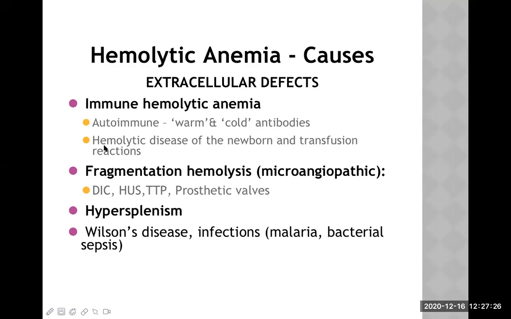These are also known as alloimmune. Now, why alloimmune? Because the antibody developed by the mother is going to the newborn. And here, though the antibodies are present in the patient, the antigen enters from outside. That's why they are not written in the autoimmune variety.